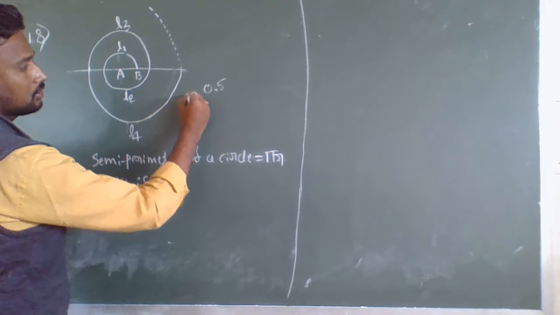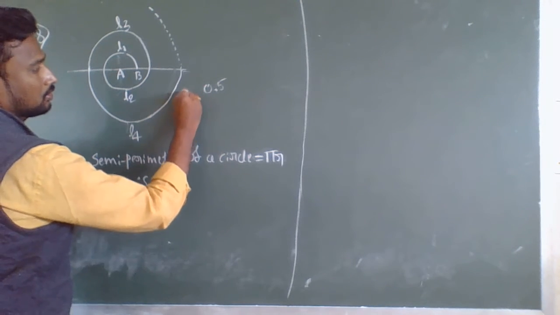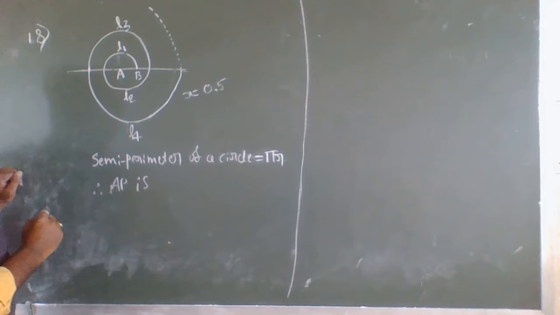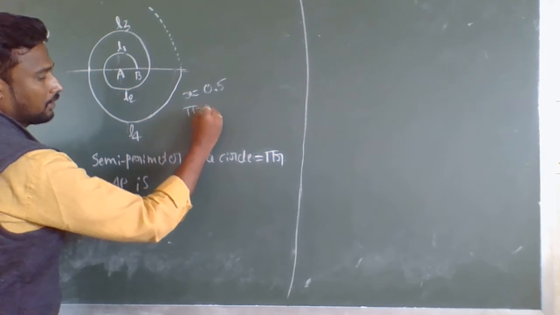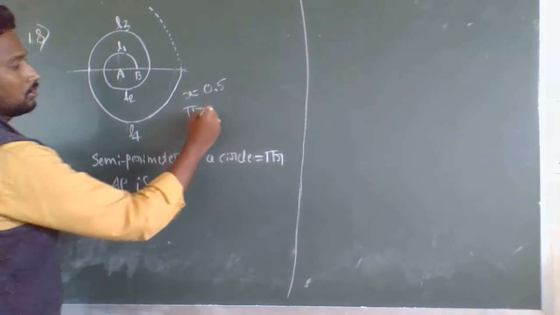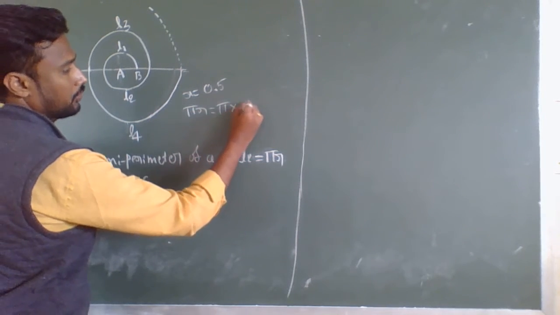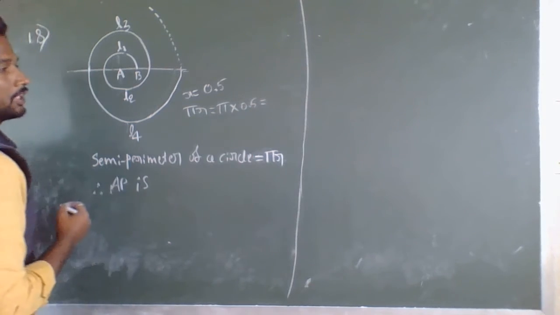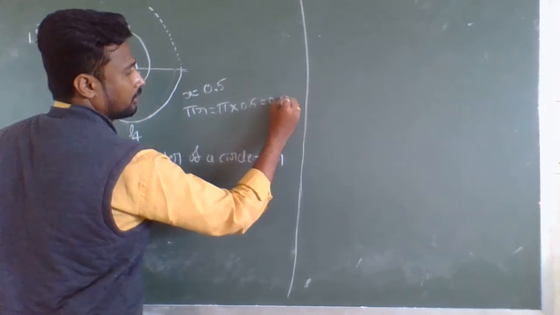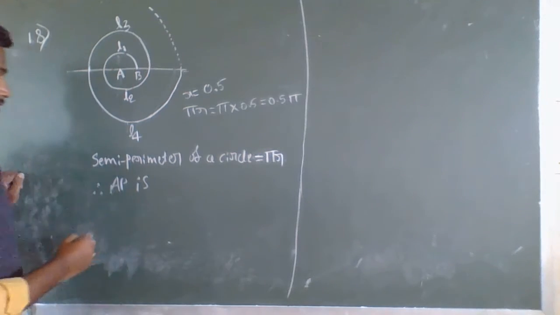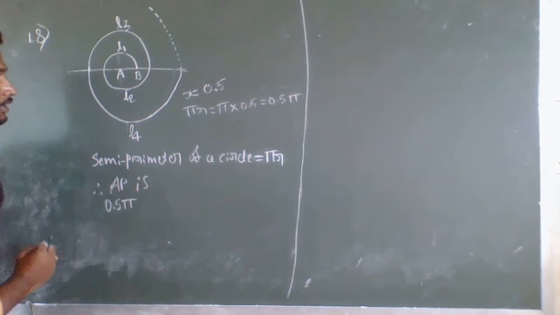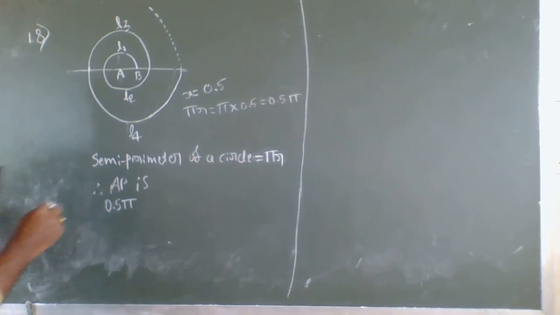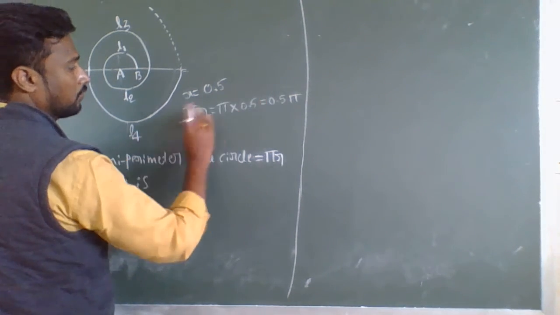So the r value is 0.5 here. If the r value is 0.5, I have to find the pi r value. What is the pi r value? Pi into 0.5. How much will I get? 0.5 pi. So the first term is 0.5 pi. Next, for the second semicircle, what is the r value? 1.